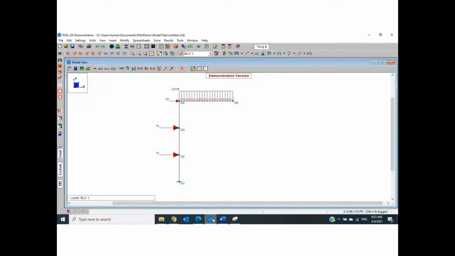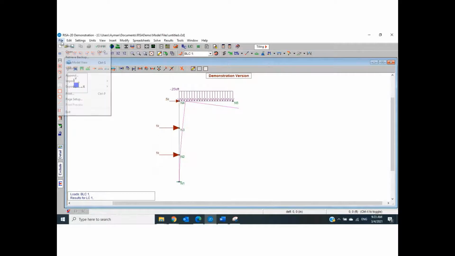This software in few seconds can tell you what are the reactions, what are the diagrams, what are the deformed shape. Probably next week or the coming weeks, we will start how to figure out this deformation. We will spend more than 1 hour or 2 hours to solve a problem to figure out how much this deflection or rotation. The software can give you these numbers in few seconds. Okay?